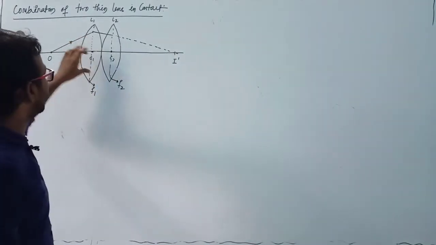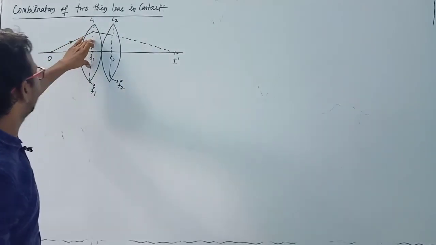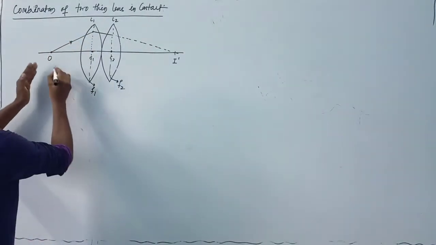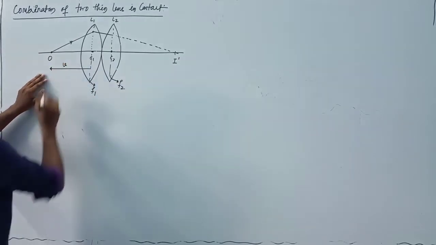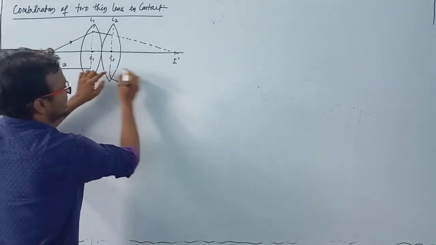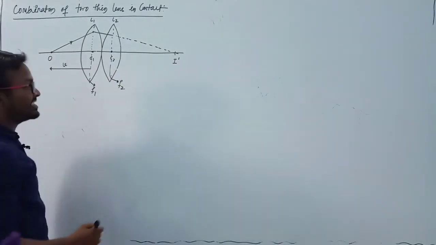Clear? And for the first lens, this is the object and this distance is known as the object distance, denoted by u, and this total distance is the image distance.